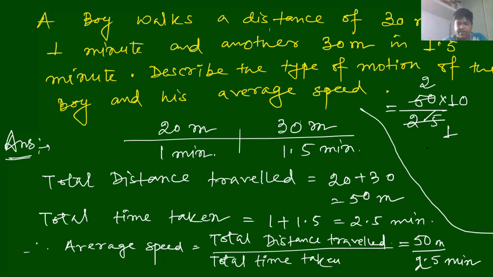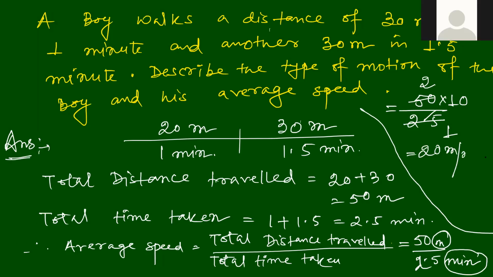So that is 20 you are getting after calculation. But what is the unit? Whenever you are finding out the unit, remember 50 meter you are covering in 2.5 minutes. So distance by time. So it is 20 meter per minute. It is the answer.